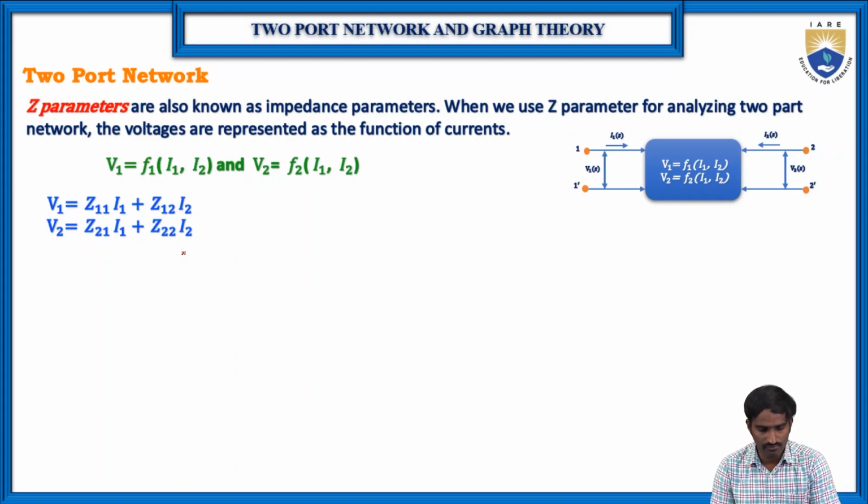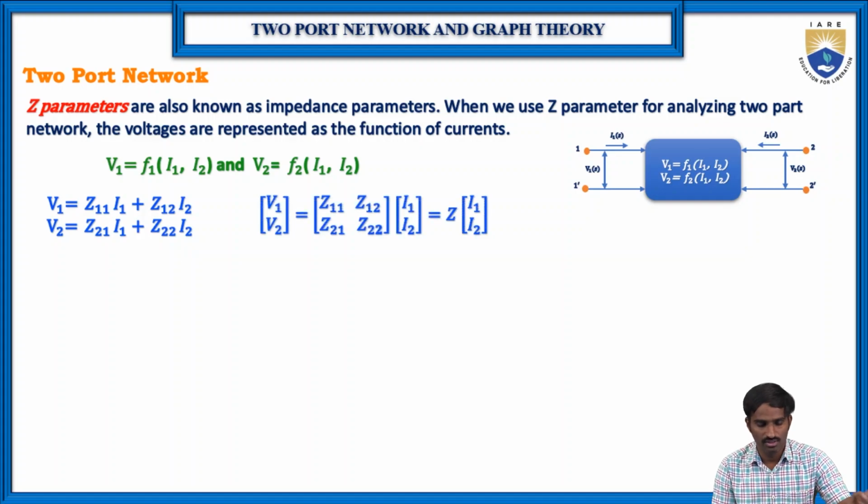If you write this in matrix form, V1 and V2 is a single column matrix, and Z11, Z12, Z21, Z22 is a 2 by 2 matrix, times I1 and I2.